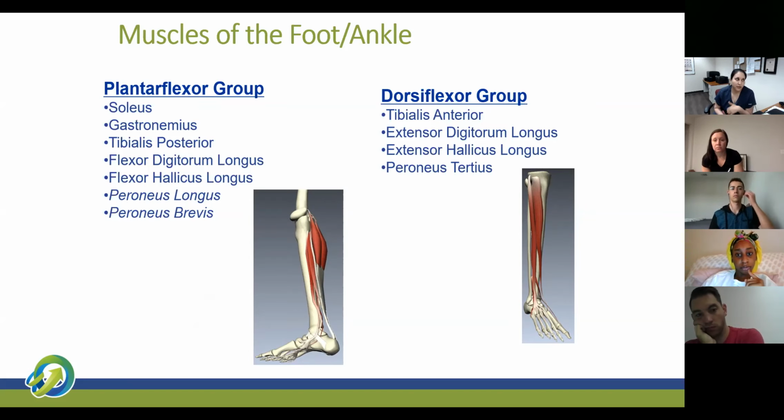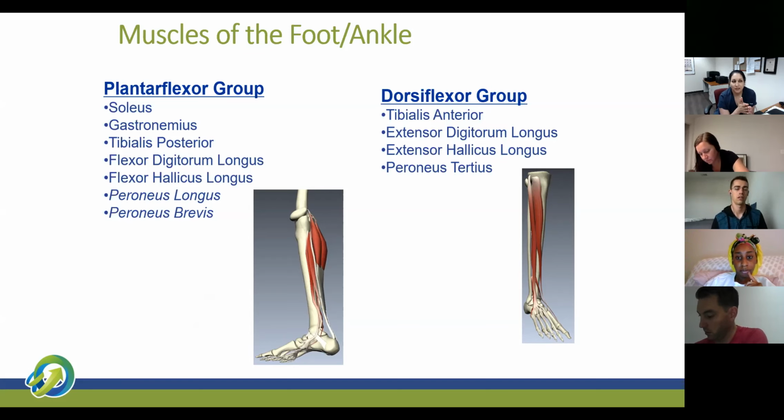So we'll start with the plantar flexors. Other than the gastrocs, can you name other plantar flexors? And this can include eversion as well. You can use your books. Soleus, Achilles tendon, our soleus, yes.